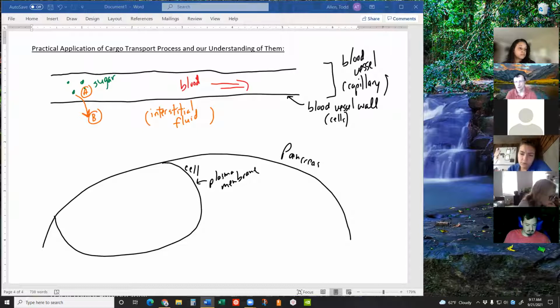What transport process was used to move glucose across the blood vessel wall? Remember, the blood vessel wall is basically made of cells. So how do we get the glucose through the cell from the blood to the interstitial fluid?